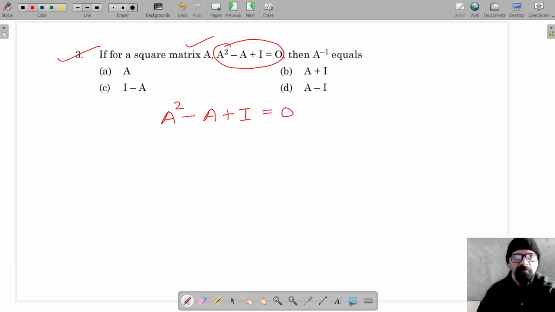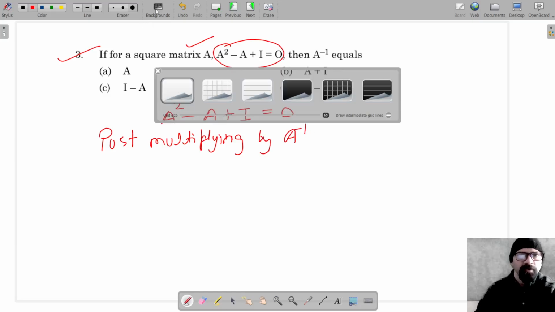We have to find the value of A inverse. Now we are going to post multiply this matrix polynomial by A inverse. Post multiplying means we put A inverse after the terms, on both sides.